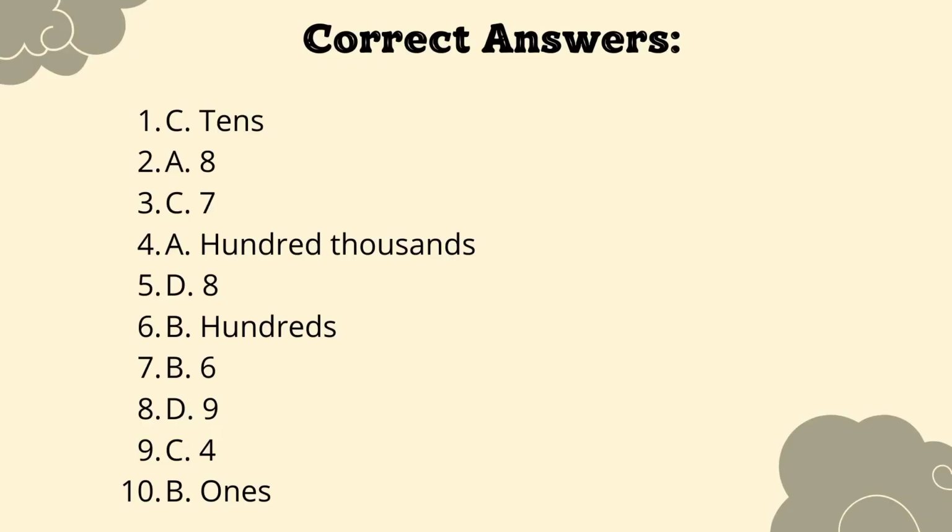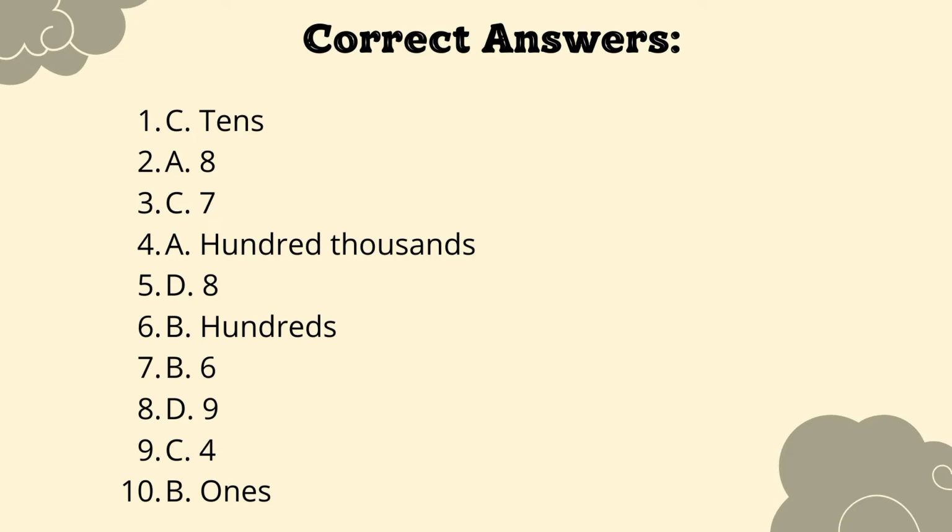Time's up! Now it's time to reveal the answers. For number 1, the answer is letter C, tens. Number 2, letter A, 8. Number 3, letter C, 7. Number 4, letter A, 100,000s.